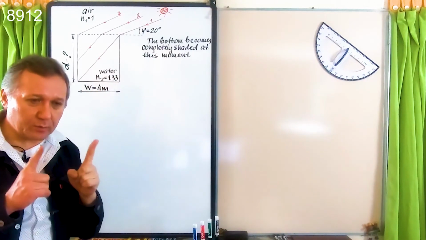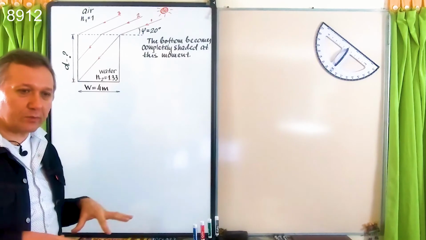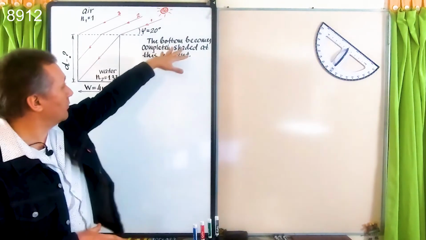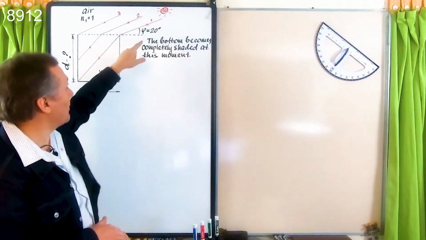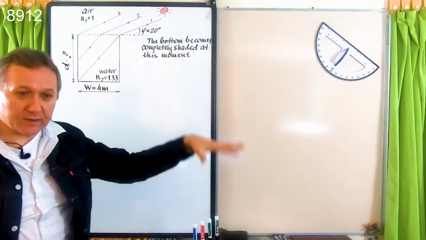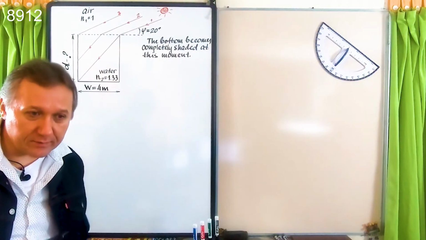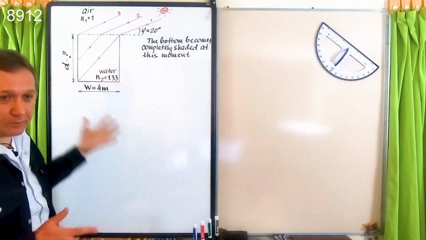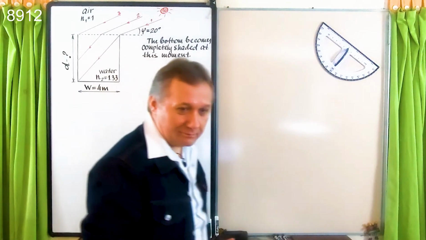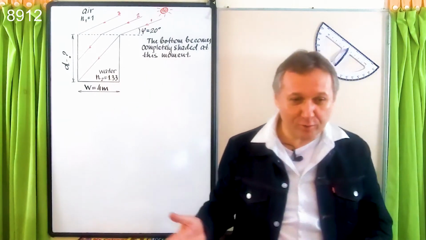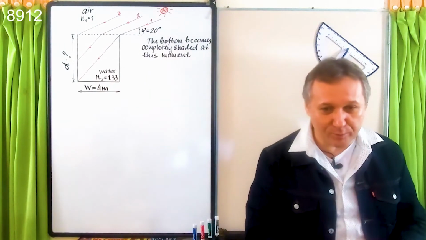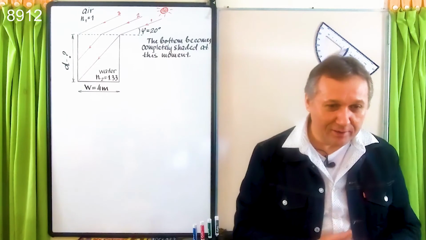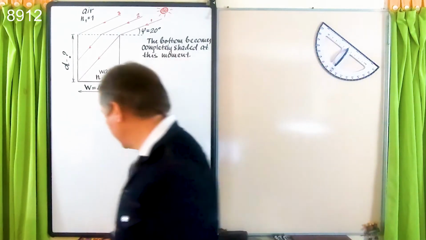That's what I wrote. So we need to find the depth of the pool. Typical situation, sunbathing by the pool, and you decided to calculate the depth of the pool.